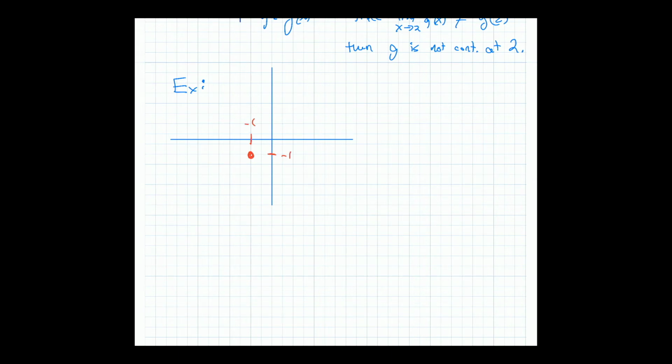There's a dot right there. Then at minus 2, there is an empty circle right there. And then the graph does this. There's my graph, and this is a graph of f of x. So this is y equals f of x.